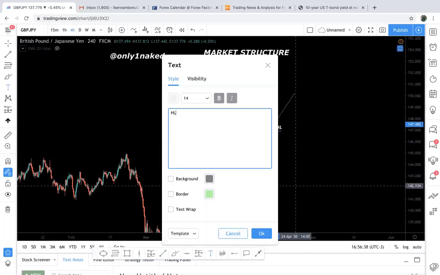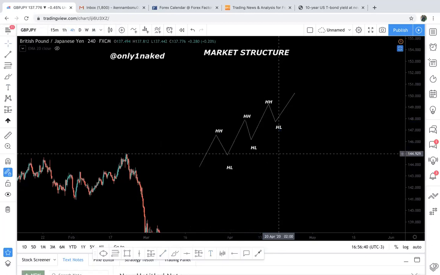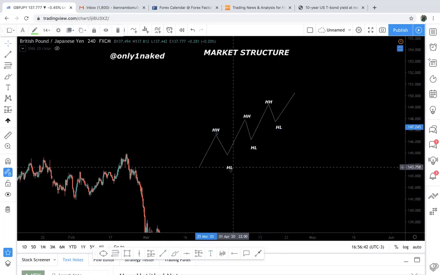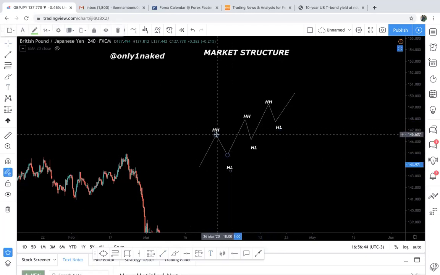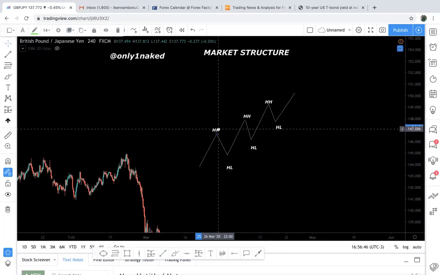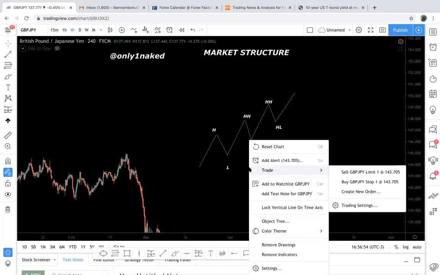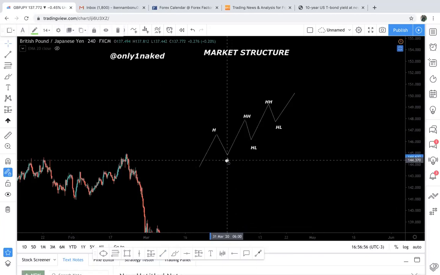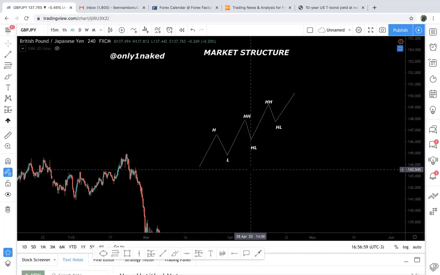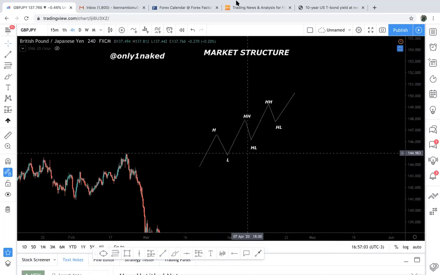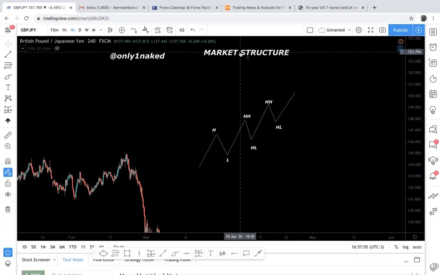So it goes on like that in an uptrend. We keep having a series of higher highs. You can say this is the first high we have, and this is the low right there. Okay, cool. So long as we keep having this kind of market environment, that shows it is an uptrend, and in an uptrend we are only looking for buying opportunities.